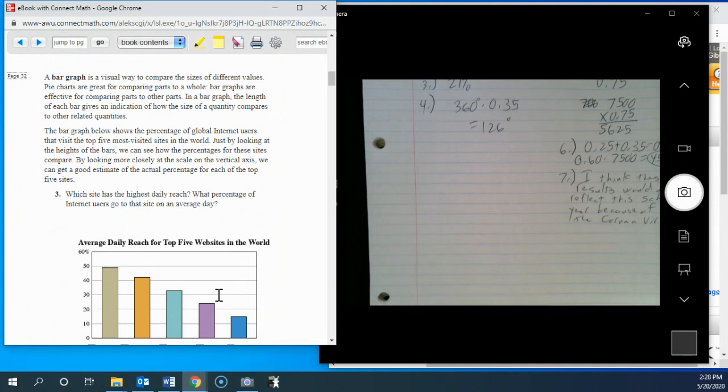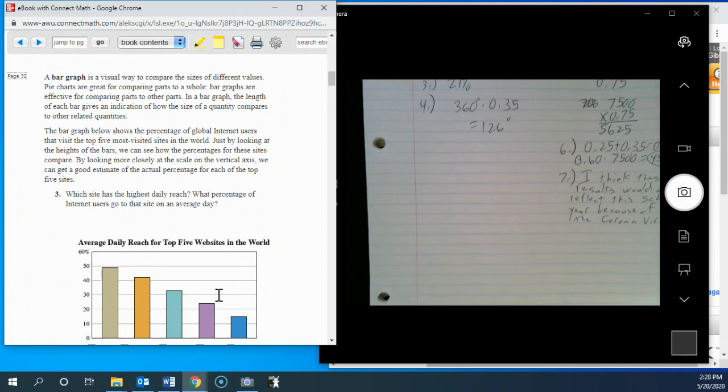The bar graph below shows the percentage of global internet users that visit the top 5 most visited sites in the world. Just by looking at the heights of the bars, we can see how the percentages for these sites compare. By looking more closely at the scale on the vertical axis, we can get a good estimate of the actual percentage for each of the top 5 sites.